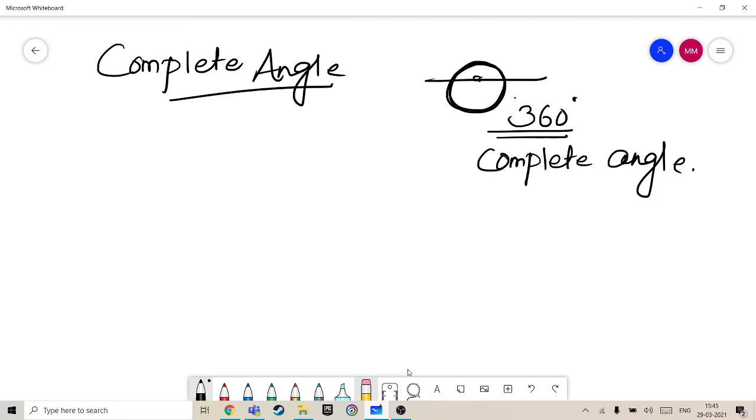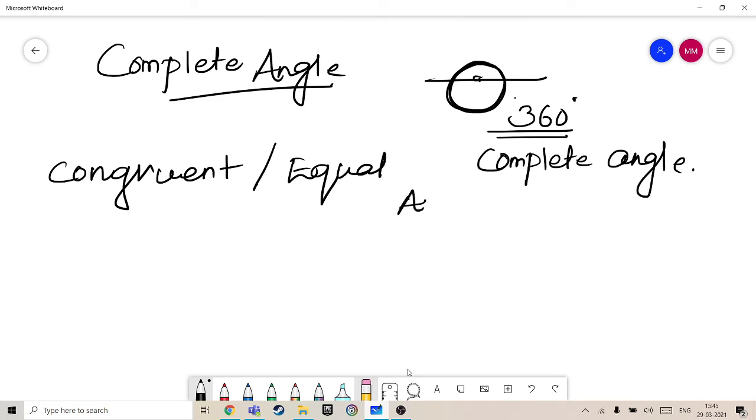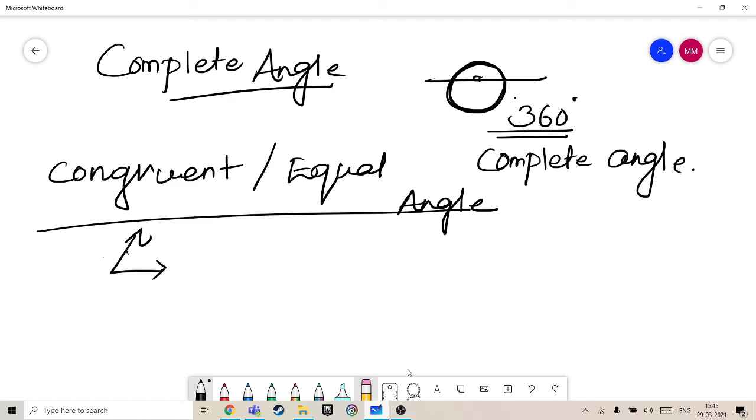Then what is congruent or equal angle? If the two angles are of same measure, that is, if this angle AOB is equal to 60 degree and this POQ is also 60 degree, then these two angles are called congruent or equal angle.